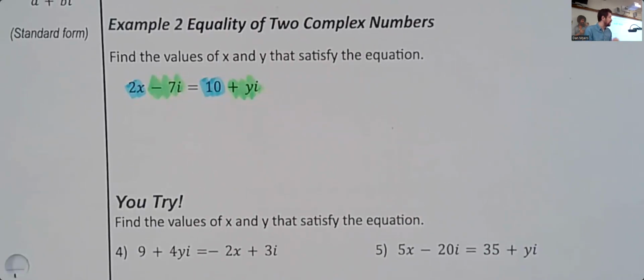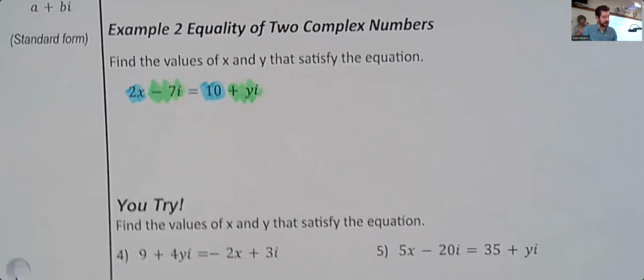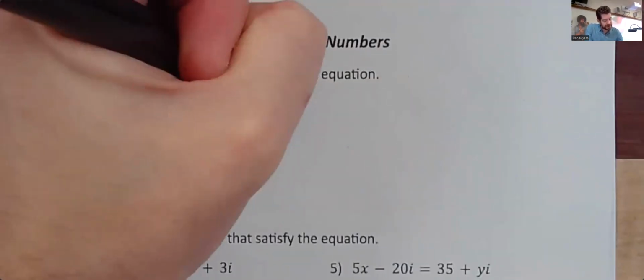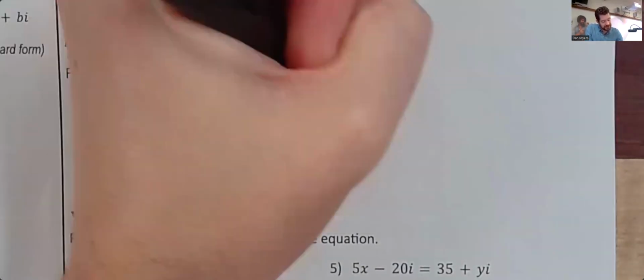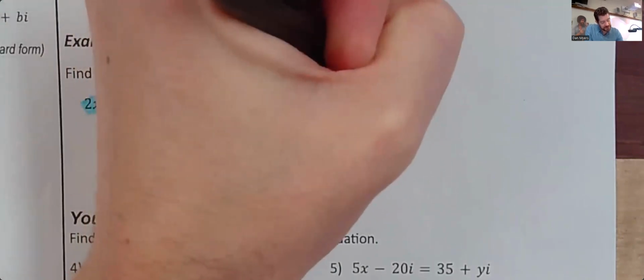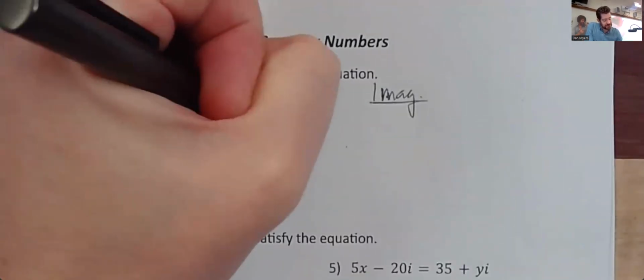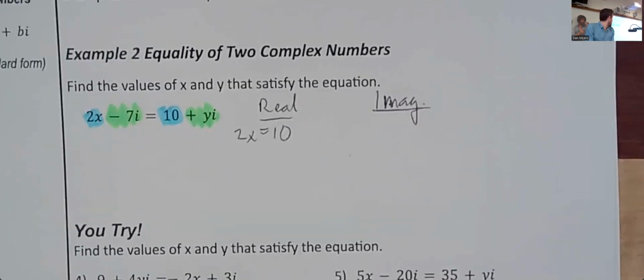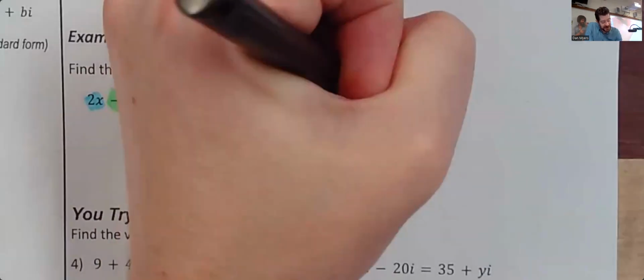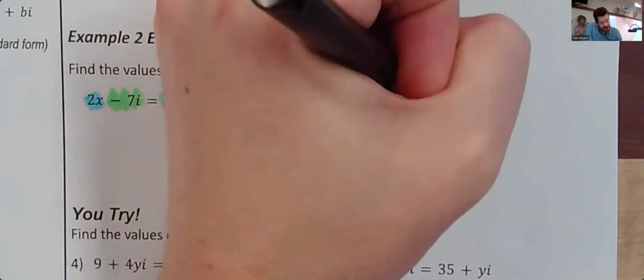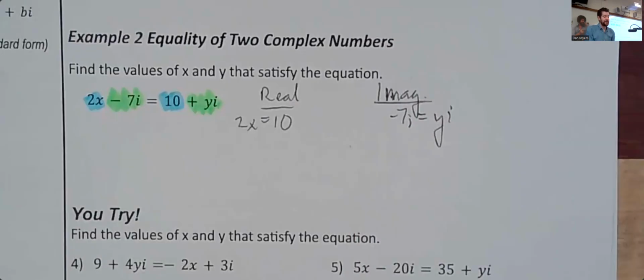So if we have our two separate little equations, we've got our real and we've got the imaginary. For the real part, we're going to say 2x equals 10. And the imaginary part, we're going to say negative 7i equals y times i. And we just solve those.